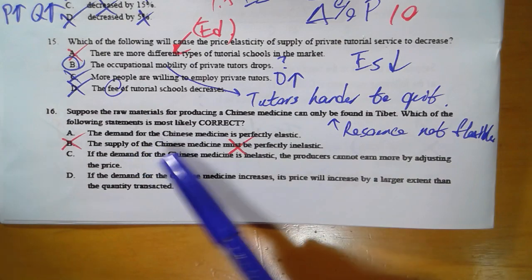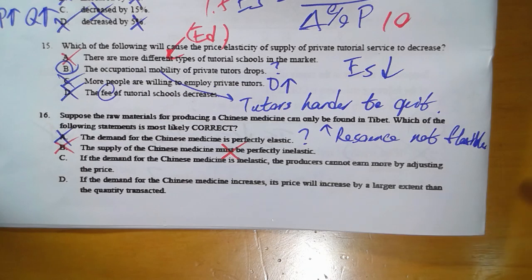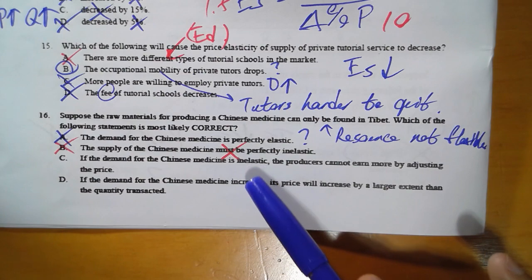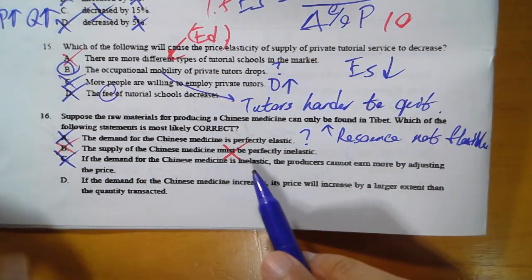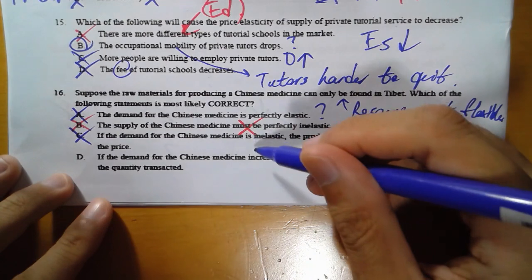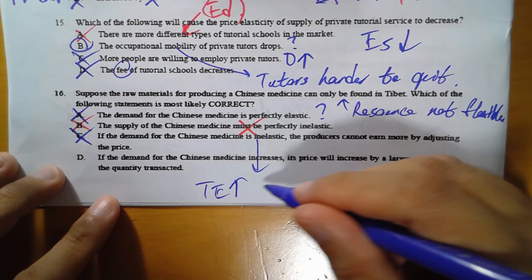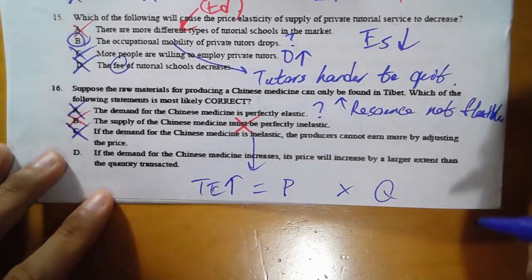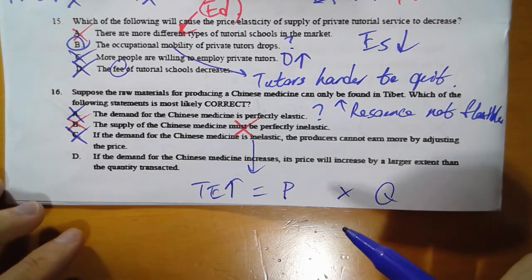Now here, the demand is perfectly inelastic. How do I know? If the demand for Chinese medicine is inelastic, they cannot earn more by adjusting the price. I think this one is totally wrong. If it is inelastic, what can they do? Let's say we want to earn more, price times Q. How do we do it?